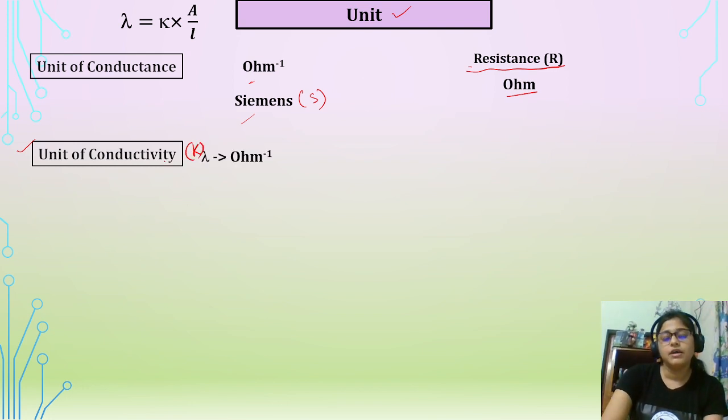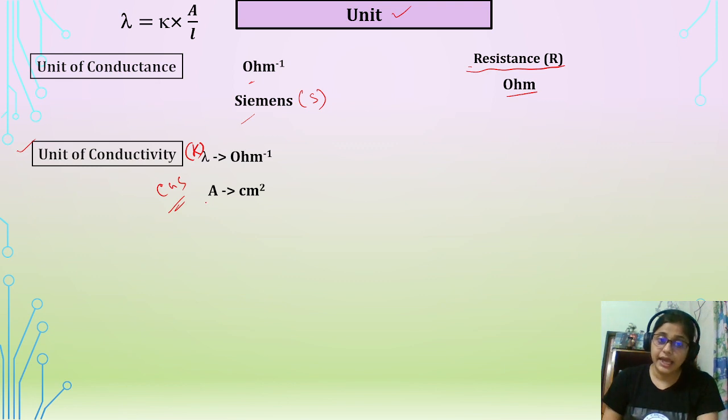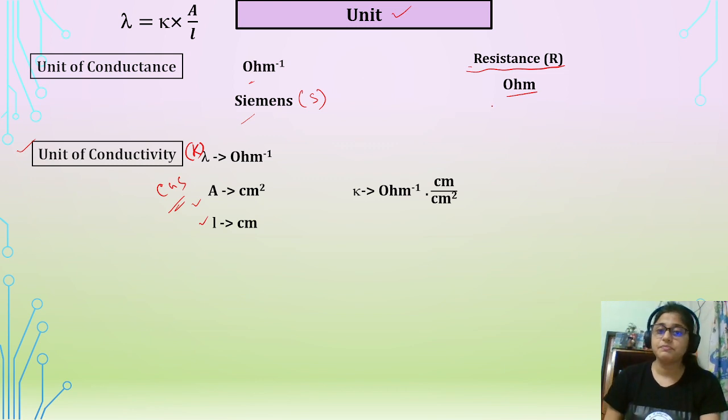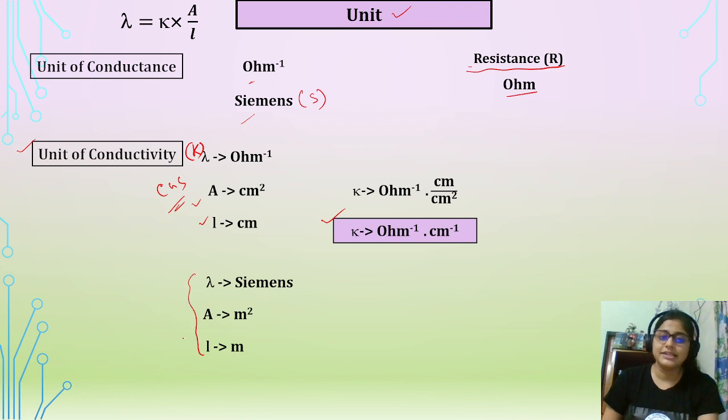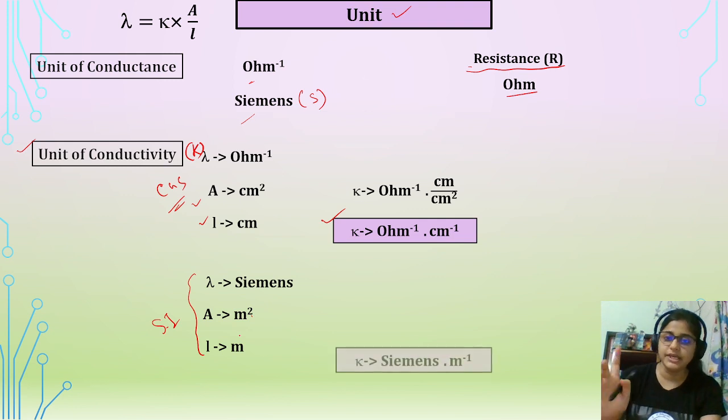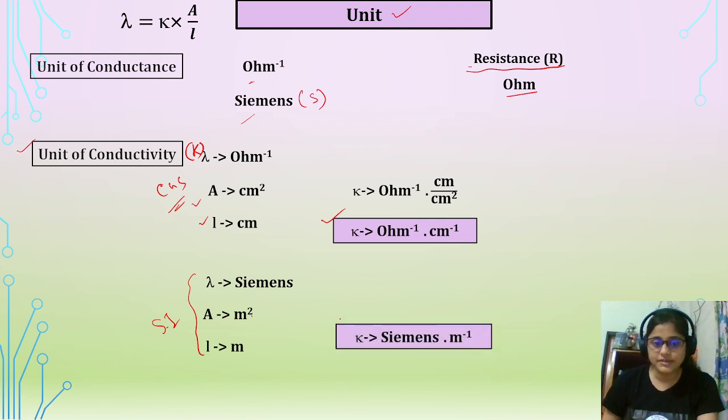We know lambda is ohm inverse, A, the area, is cm square, and L is cm. Now kappa is ohm inverse cm by cm square, so it will be ohm inverse cm inverse. In SI units, it is Siemens meter square and meter, so Siemens meter inverse. So in this slide, we have read the unit of conductance and also of conductivity.